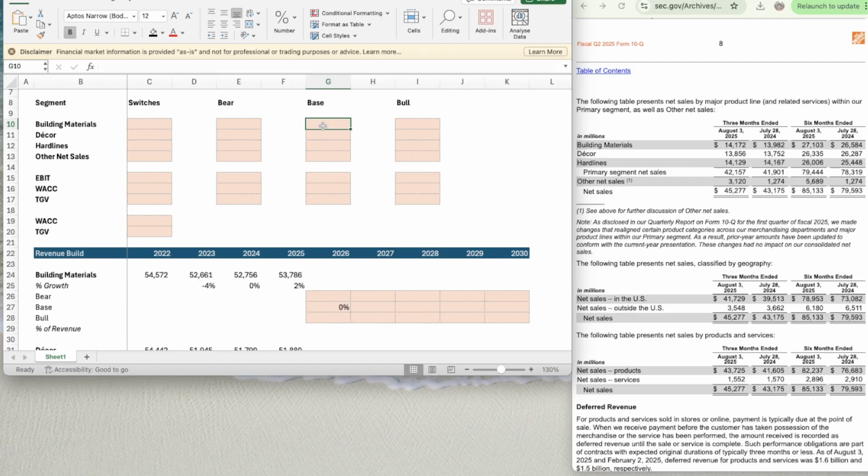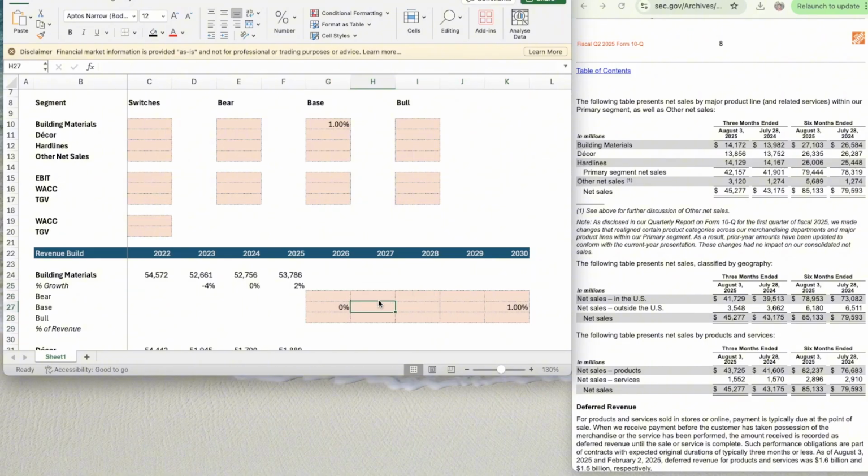So our base case growth rate, let's call it 1%, that it trends towards 1%. We might need a couple more. There we go. And that's going to be equal to G10. None of this should be bold, I don't know why it is. There we go, it's not bold anymore.